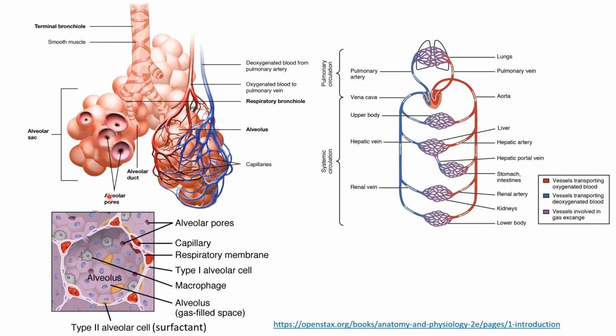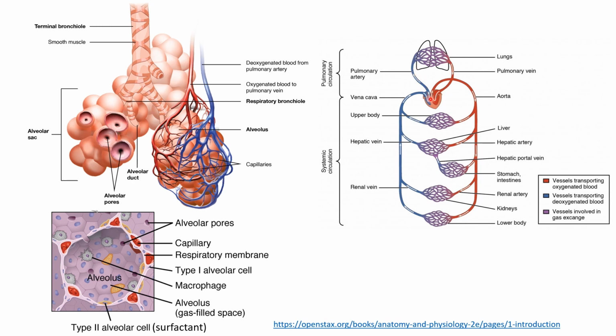Alright, now let's look at the pulmonary circulation. We all know that an artery takes blood from the heart to the rest of the body, and it carries oxygenated blood. But the exception to the rule, the outlier if you will, is the pulmonary artery.